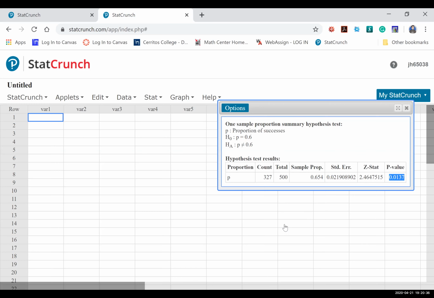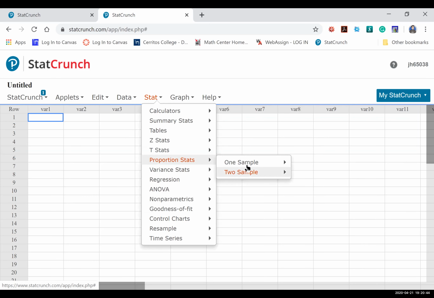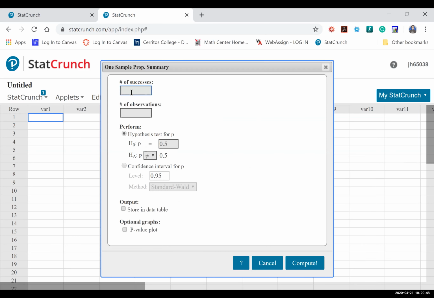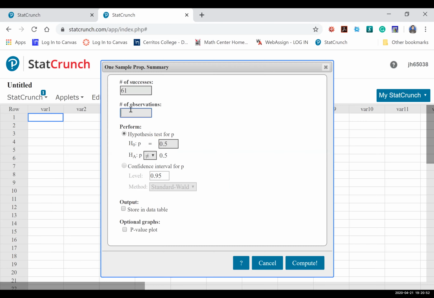Let's say that we wanted to get the last one. How do we do the last one? Again, very simple. Stats, proportion stats, one sample with summary. Number of successes was 61. Number of observations was 90. We wanted to compare it against 80%.